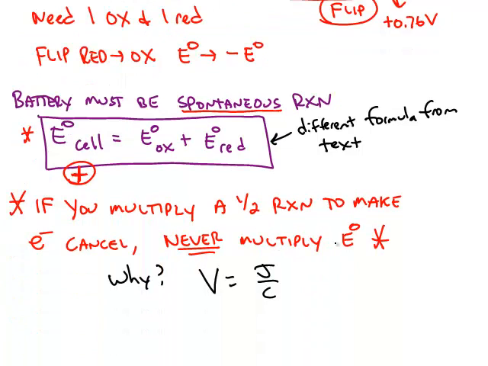If we did, a key point to keep in mind is that you never multiply a standard reduction potential or standard oxidation potential by anything, because a volt really has two units, joules per coulomb, and if you multiply the numerator by a factor, you're also multiplying the denominator by a factor, and the net result is the voltage does not change.